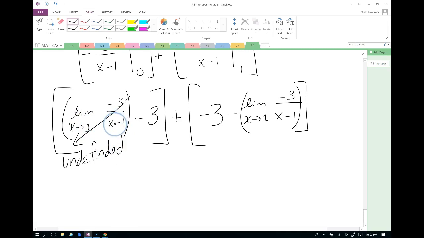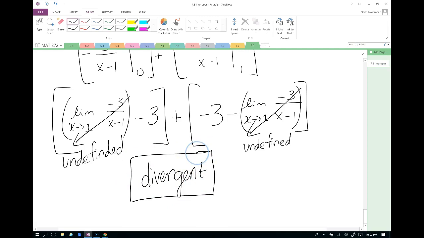Even after we do the antiderivative, it's still something we're not allowed to do. We still cannot do this. Which means this integral is divergent. We can't do it.